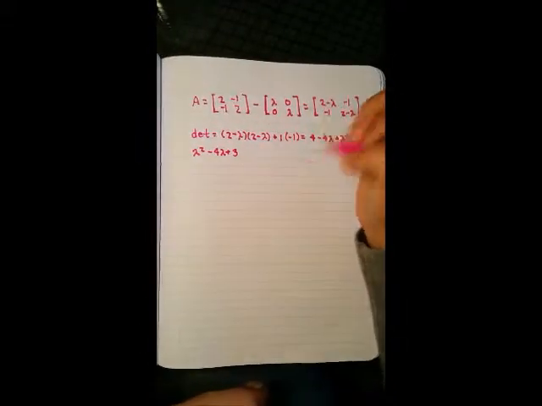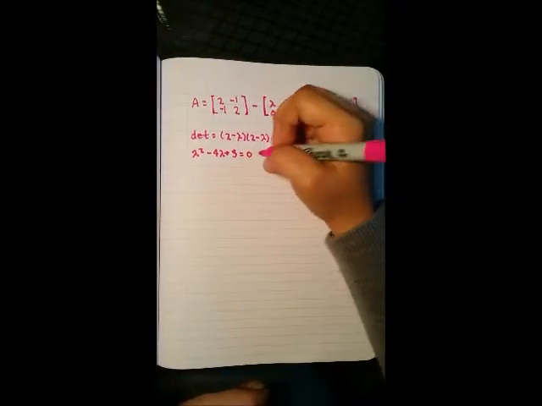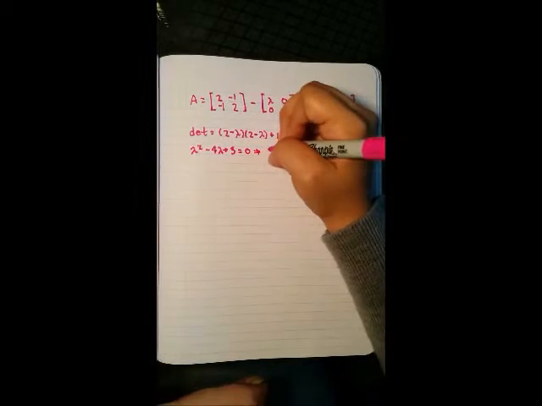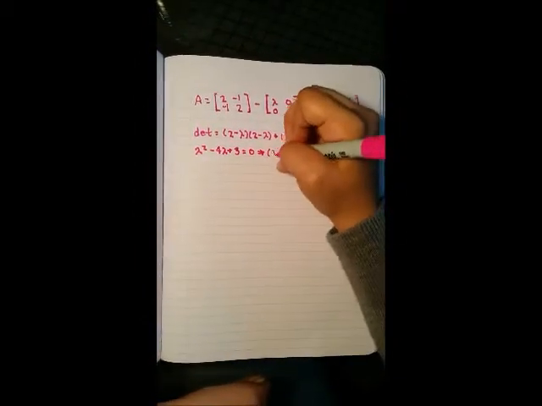Now once you have your determinant, you're going to set it equal to 0 to form the characteristic polynomial, and factor your polynomial to solve for lambda, which will be your eigenvalues.